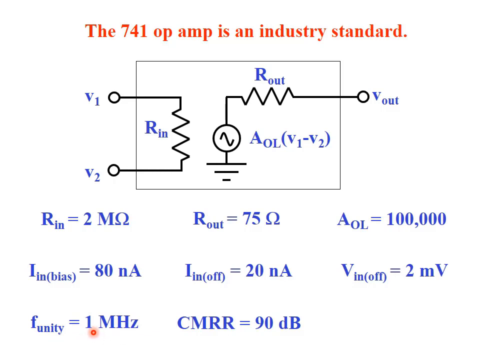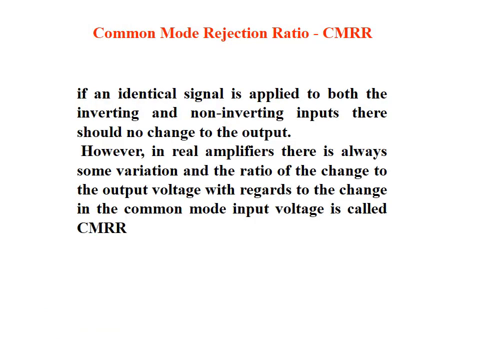We will see what the unity frequency is in a later slide, and the CMRR is 90 decibel. So these two factors, the unity frequency and the CMRR, are very important. In the next slide, we will explain what they are. CMRR is short for common mode rejection ratio.